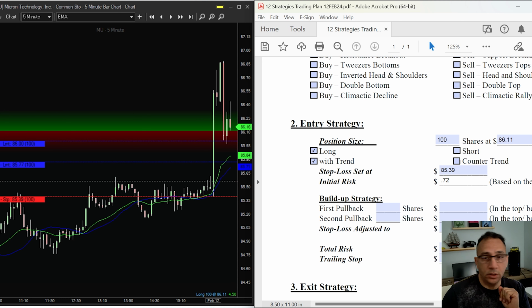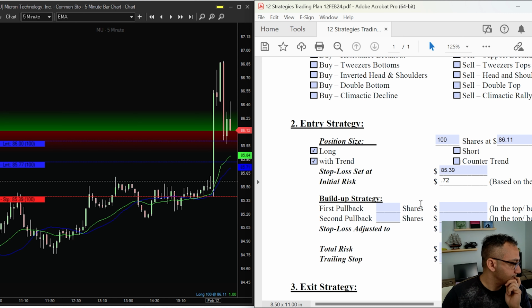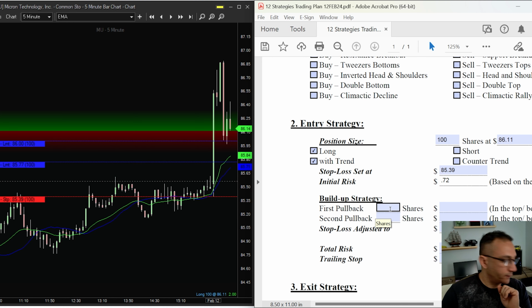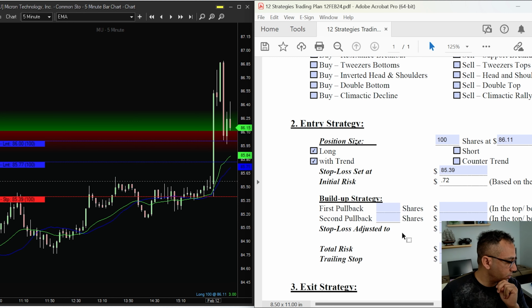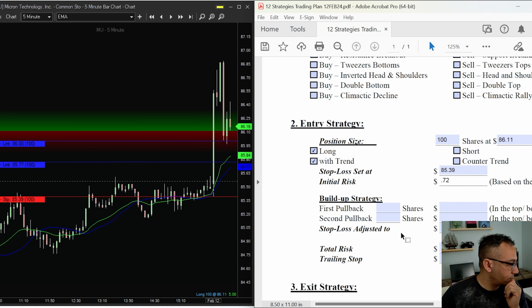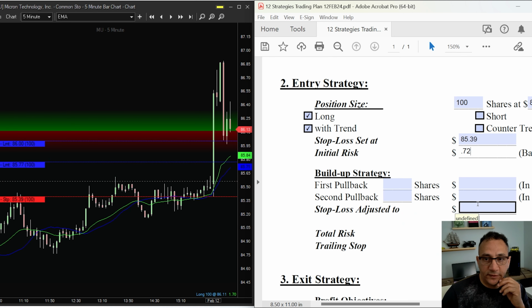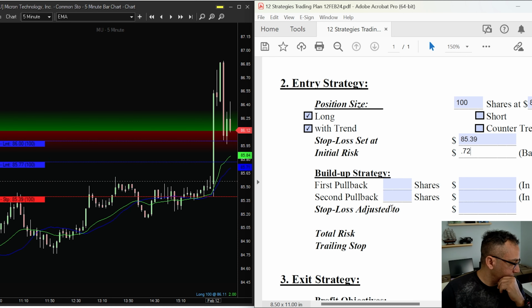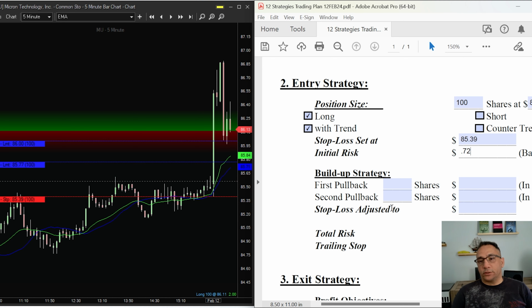As of now, it's the first pullback, which is 100 shares. See if it's gonna give us the other 100 shares and another 100, as you can see, I have two more orders to buy. I haven't adjusted the stop loss yet. We don't have a trailing stop, we only have the initial stop.